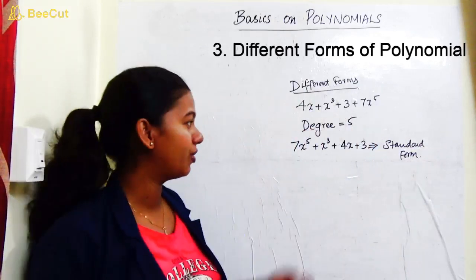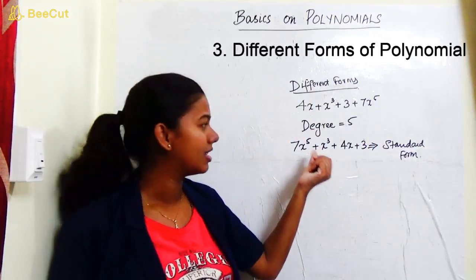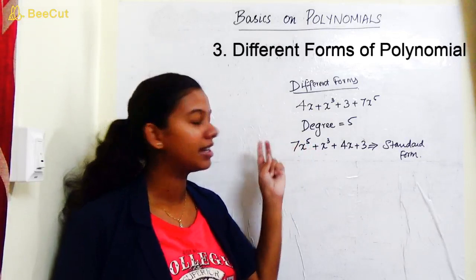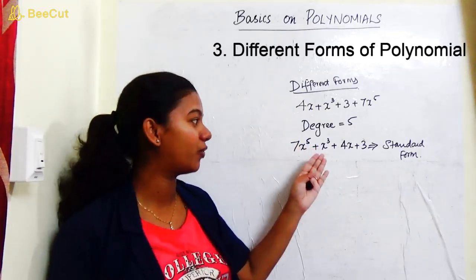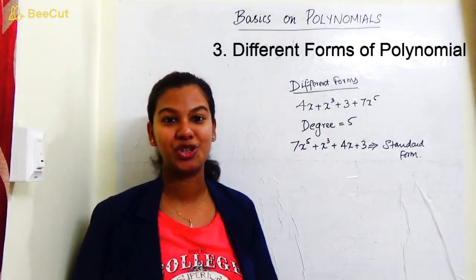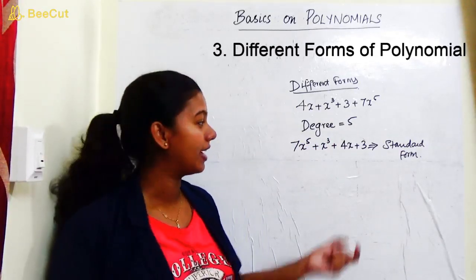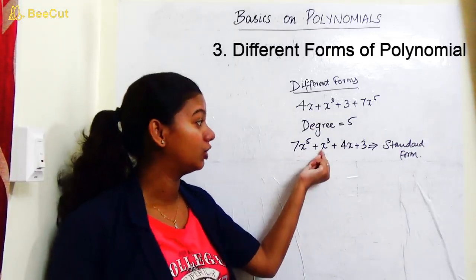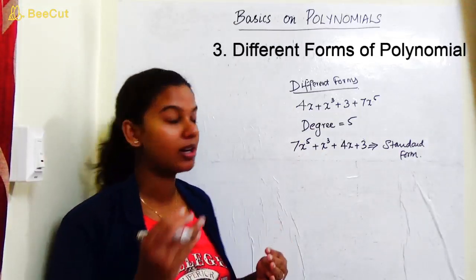Okay. Now as you have noticed, certain powers are missing. That is, x raised to 5 is there, but next x raised to 4 is not there. X raised to 3 is there, but x raised to 2 is not there. So in the next form I am going to mention those powers as well, with their coefficient.